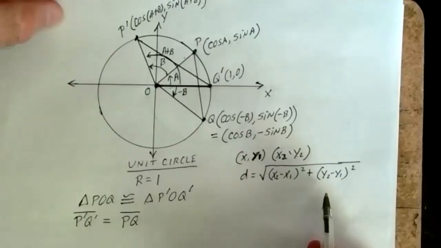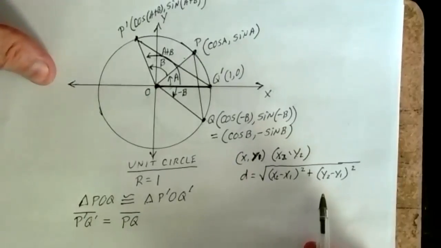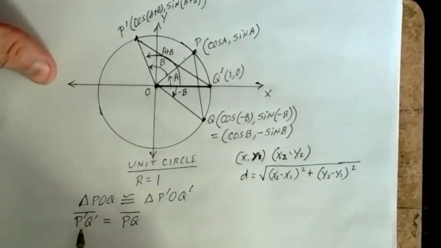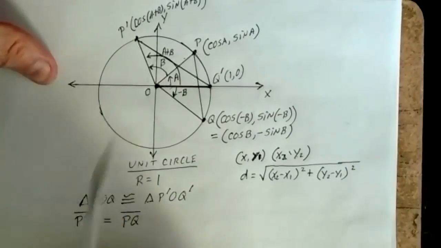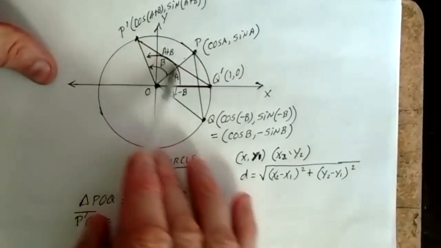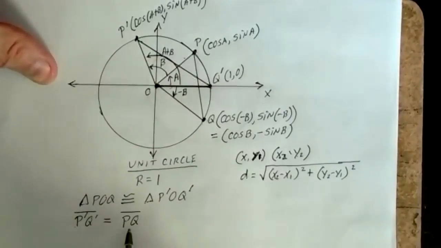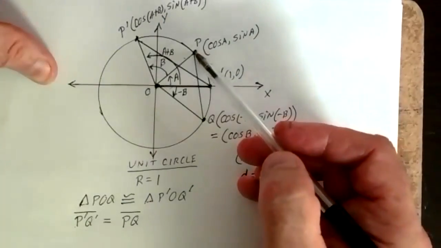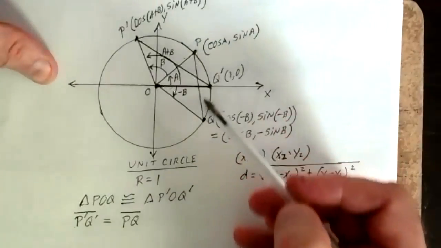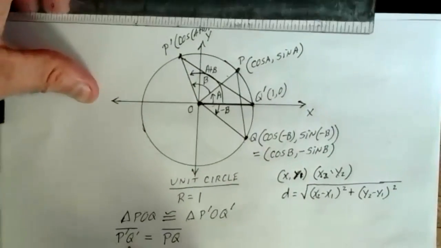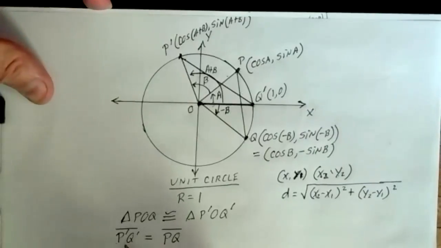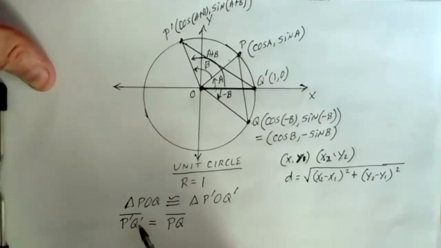We've seen that before. We're going to apply the distance formula here to represent the length of line segment P prime Q prime here to here, and also to represent the length of line segment PQ. So what would be the length of line segment P prime Q prime?